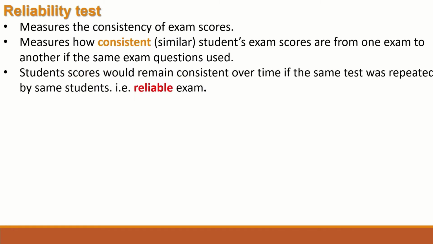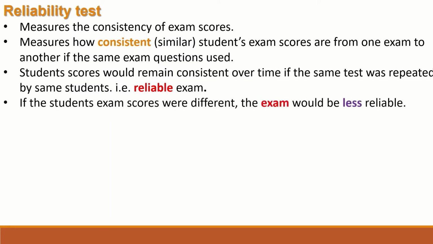Student scores would remain consistent over time if the same test was repeated by the same student, i.e. the exam is reliable. However, if the student exam scores were different, the exam would be less reliable.